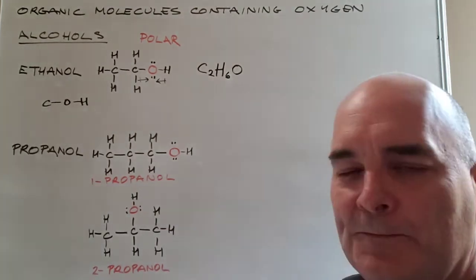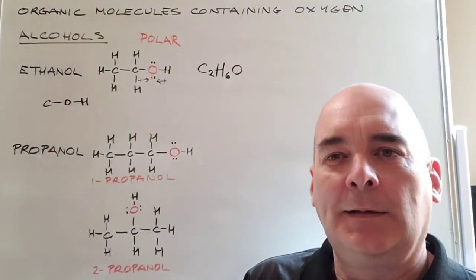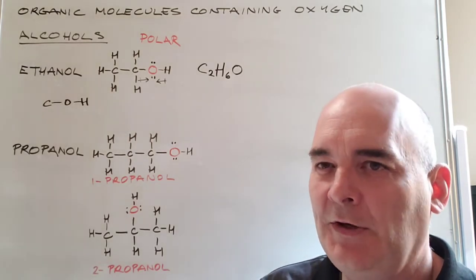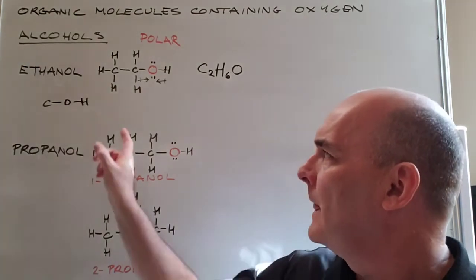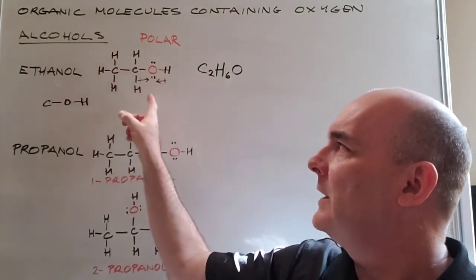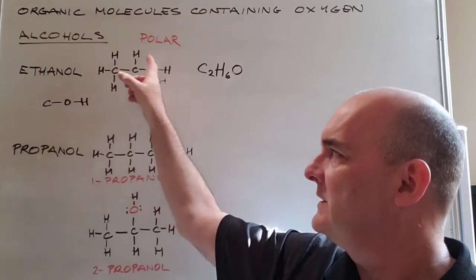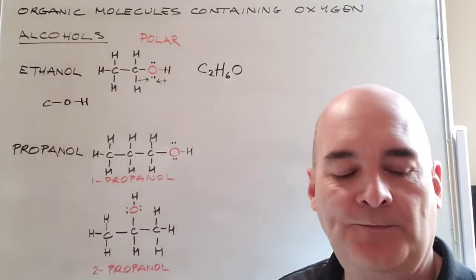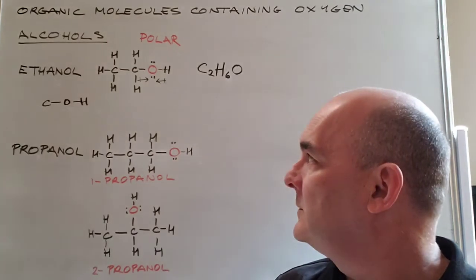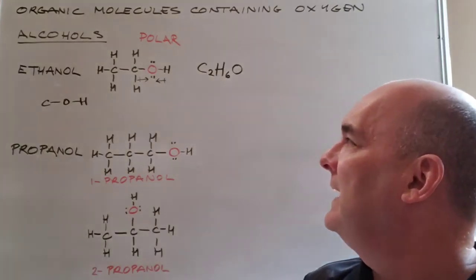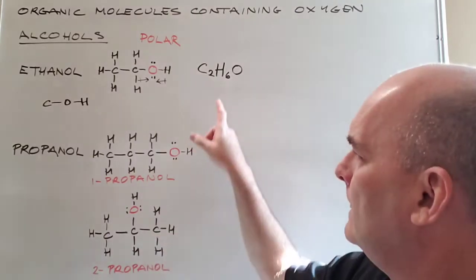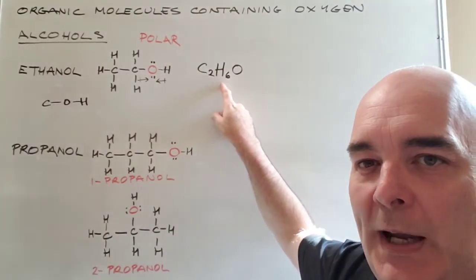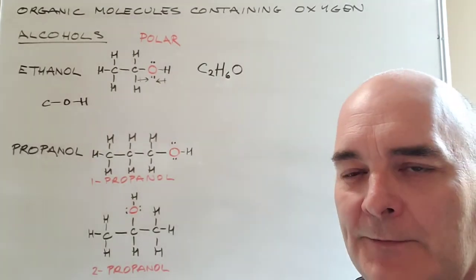Now, that's alcohols. But there's something else lurking here. This is a very small molecule. This is ethanol, and it has a carbon to oxygen to hydrogen set of bonds. But it is not the only representation that C2H6O can make.